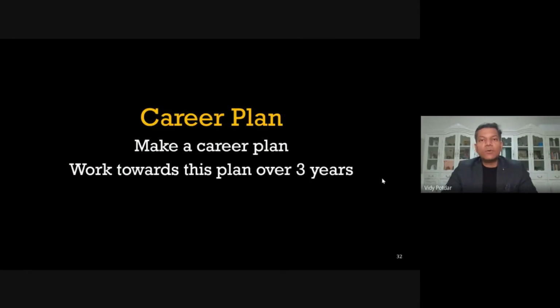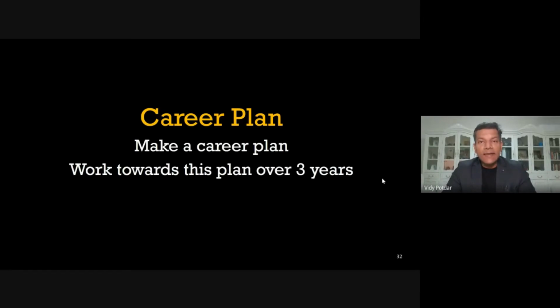One more thing that I want to talk to you all about is think about your 3 years of PhD not as just doing your PhD, but also planning your career. What is it that you're going to do once you finish your PhD? Many times I see students, they've completed their PhD and they haven't given a thought about their career plan.